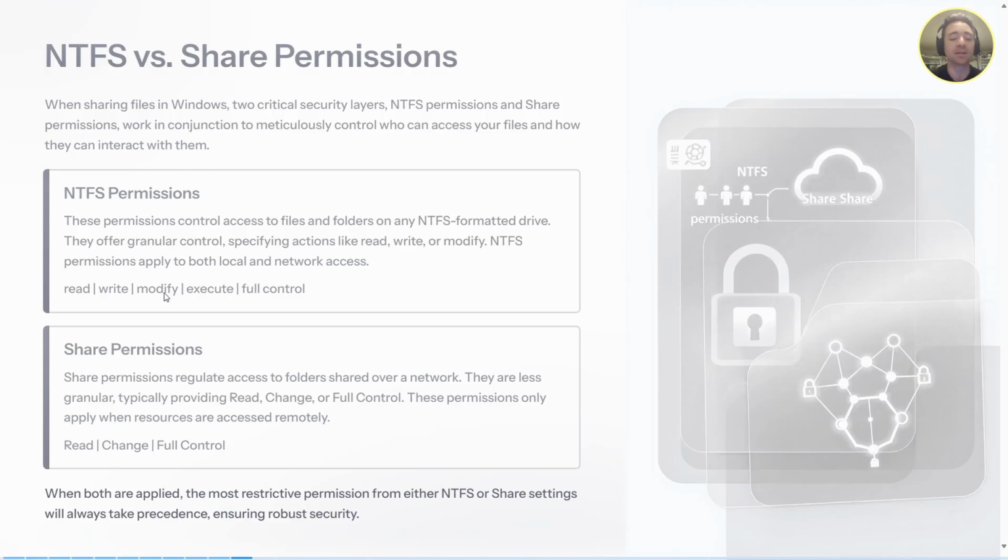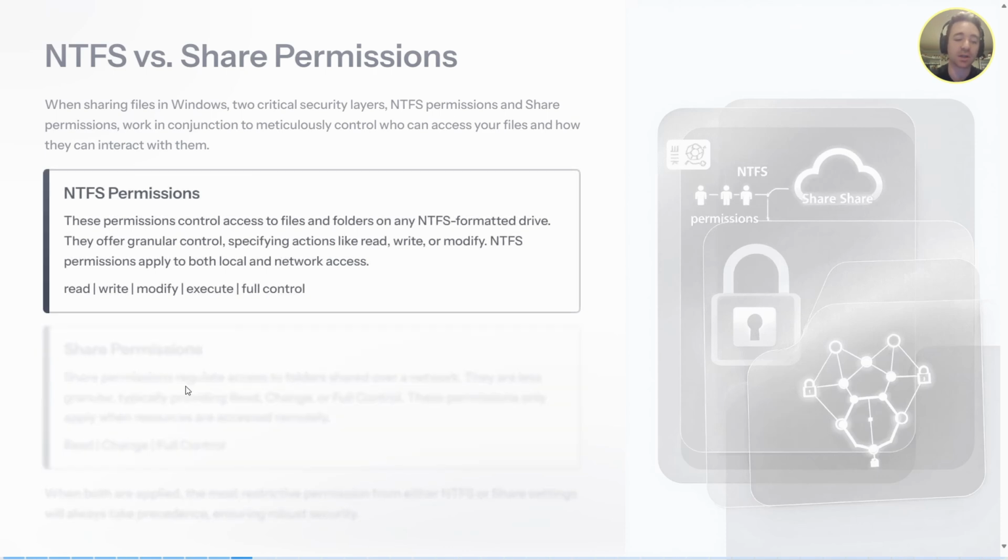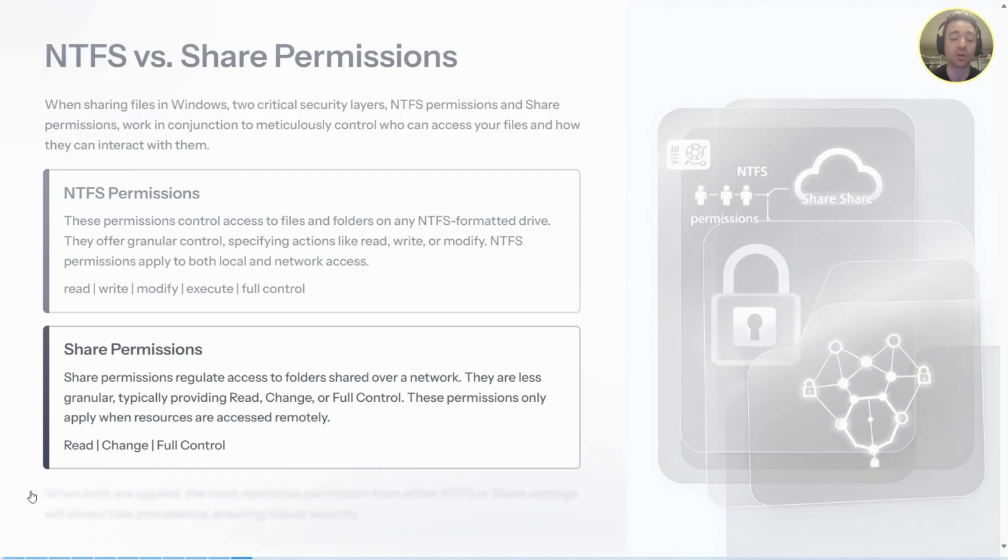So for example, let's say someone is given full control over their share permissions, but with NTFS permissions, they're only given read access. In that case, the more strict security protocol will override the less strict one. So they will only be given read access and they will not be given full control, because the more strict one, NTFS, is read.